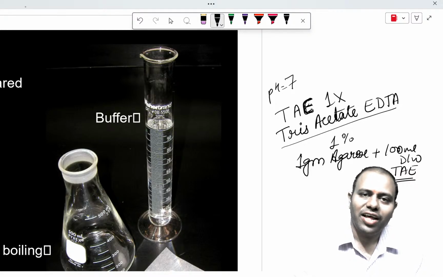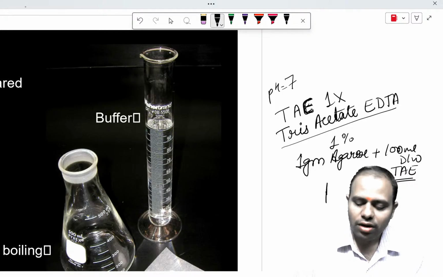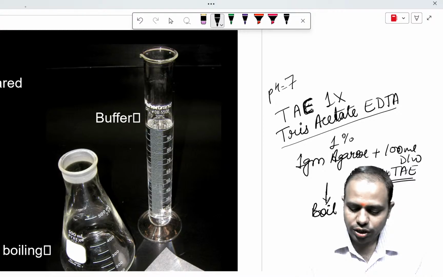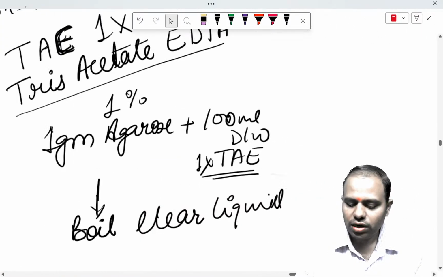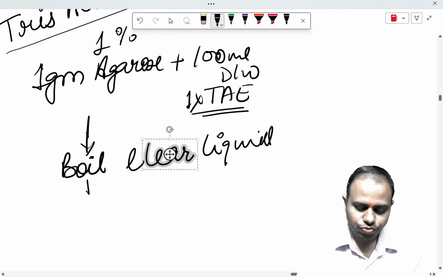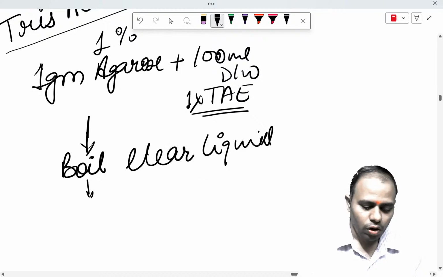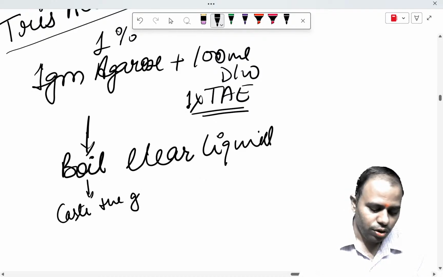Then we are going to boil it until it forms a clear liquid. Once it forms a clear liquid, we are going to cast the gel in a casting tray.